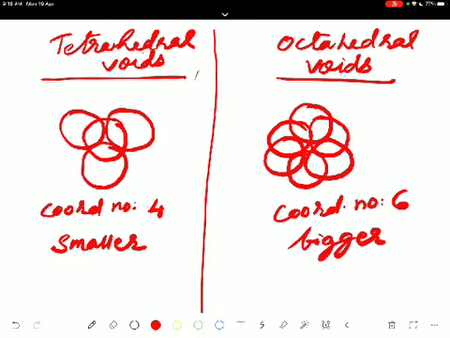Now, I told you you can keep a small cation inside this. You can keep another cation here.